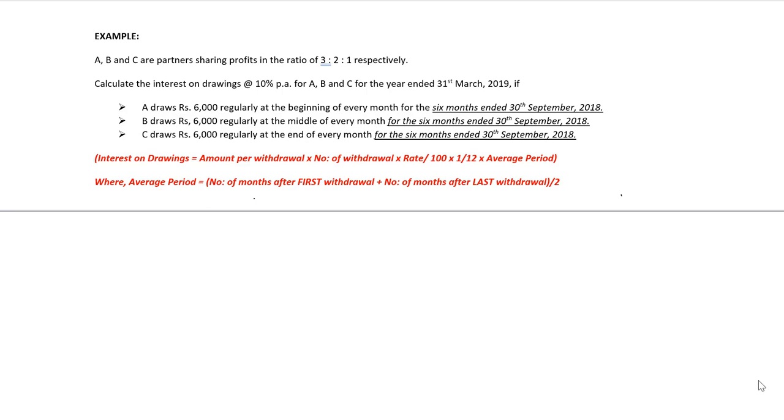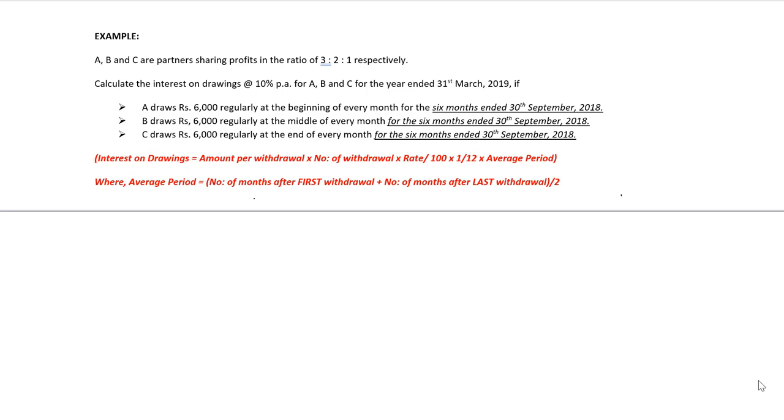Calculate interest on drawings at the rate of 10% per annum for A, B and C for the year ended 31st March 2019 if A draws 6,000 regularly at the beginning of every month for the 6 months ended 30th September 2018, B draws rupees 6,000 regularly at the middle of every month for the 6 months ended 30th September 2018, and C draws rupees 6,000 regularly at the end of every month for the 6 months ended 30th September 2018.